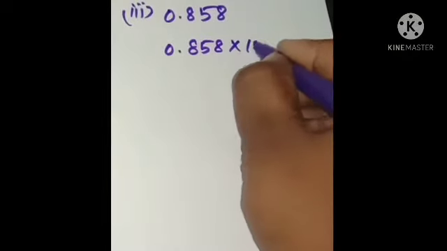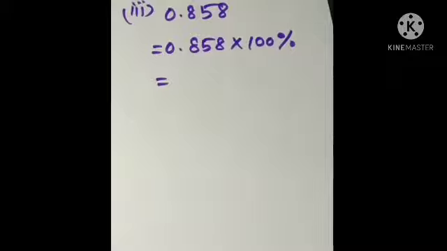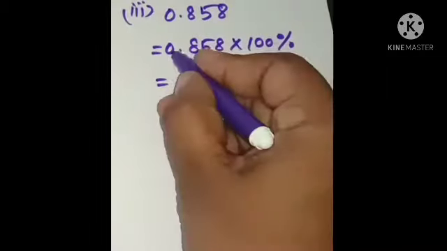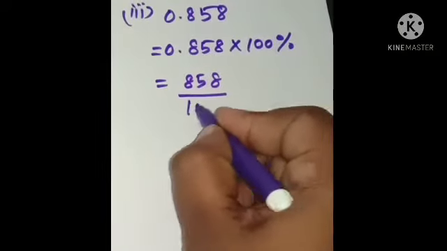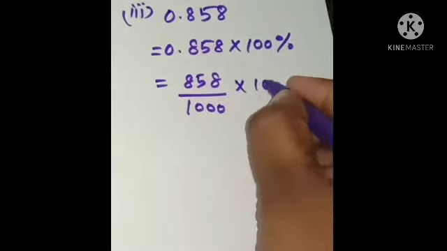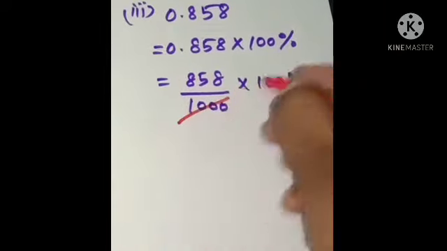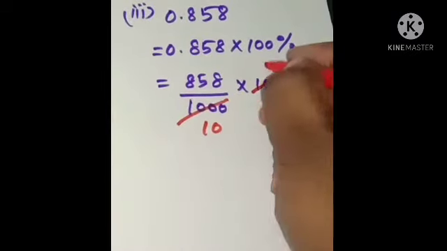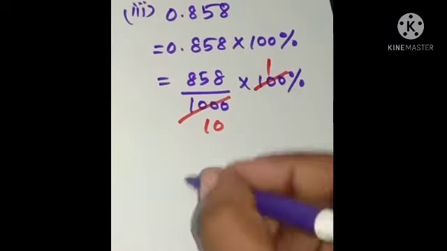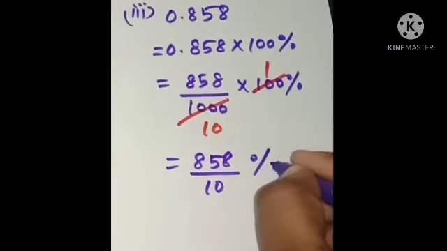Children, 0.858 into 100%. 1% is equal to 1 by 100 and 1 is equal to 100%. This one can be written as 858 by 1000 into 100%. Now 1000 and 100 cancel and we get 10 in the denominator and 1 in the numerator. 858 by 10%.